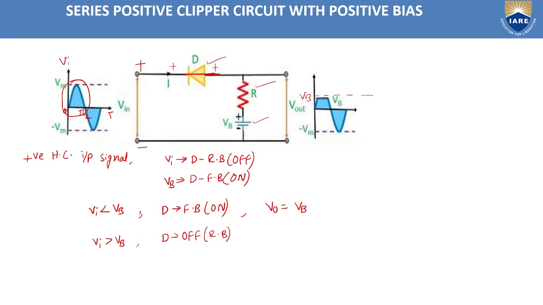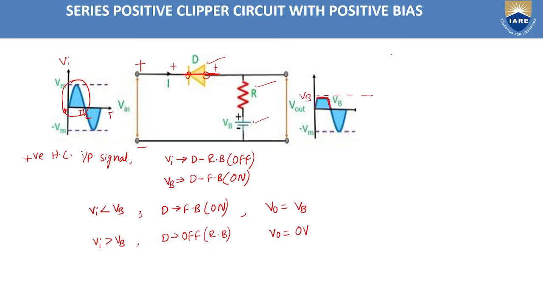So once it is reverse biased, the total voltage is dropping across the diode, it does not flow through the output side. So in that case, we will not get any output voltage. Here it is dropping to 0. And this is the case when we are applying the positive half cycle of the input signal.